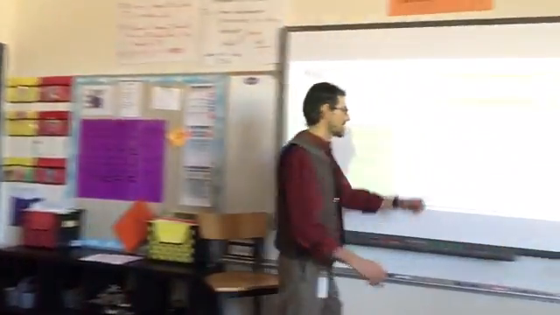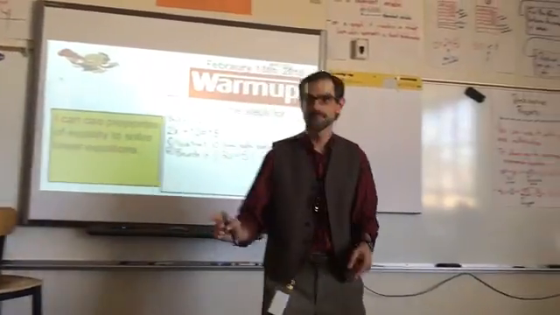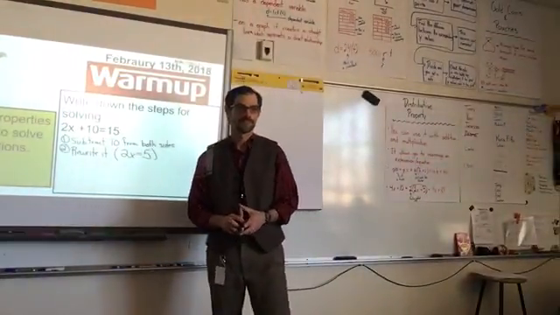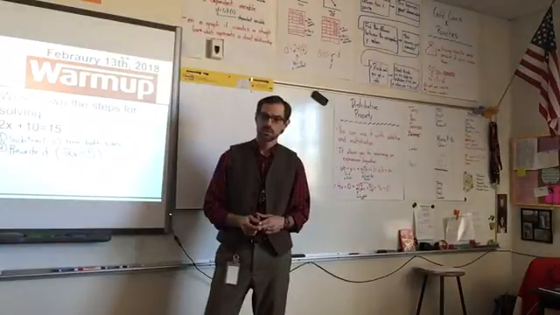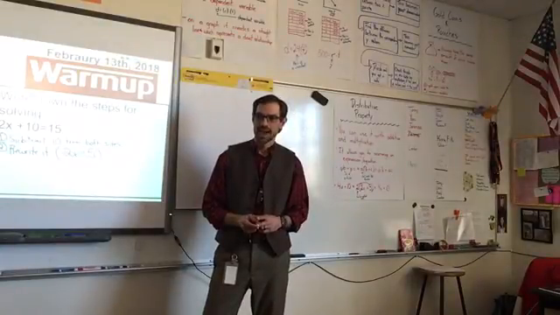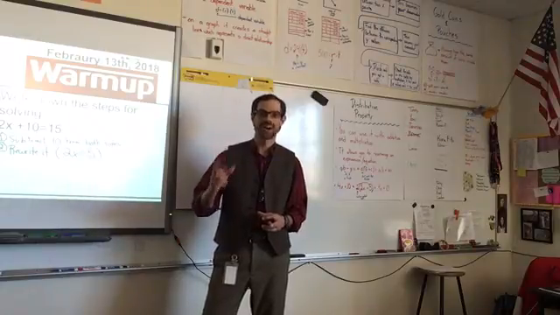Shannon? Divide 5 by 2. Now you are right, but there's something else we need to write on that. Patrick, what do I do? I divide both sides by 2.